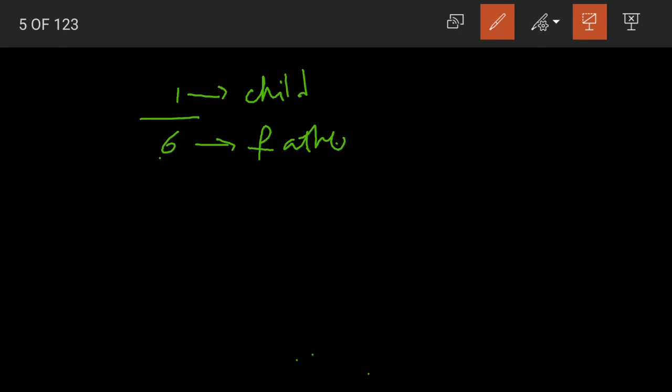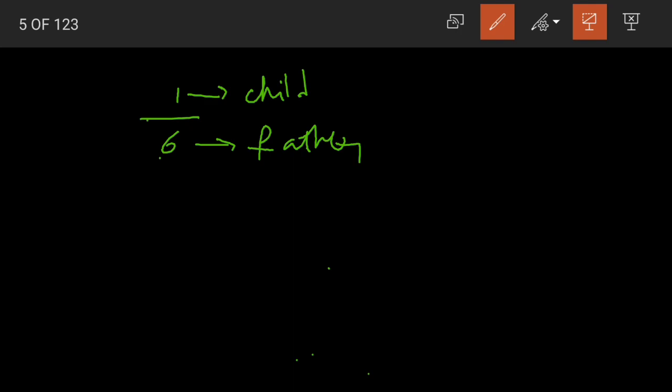Let me explain with an example. Consider the bigger number as the father and the smaller number as the child. When you were a little child, or even now, you might play with your father. Your father sits down and you sit on top of him.